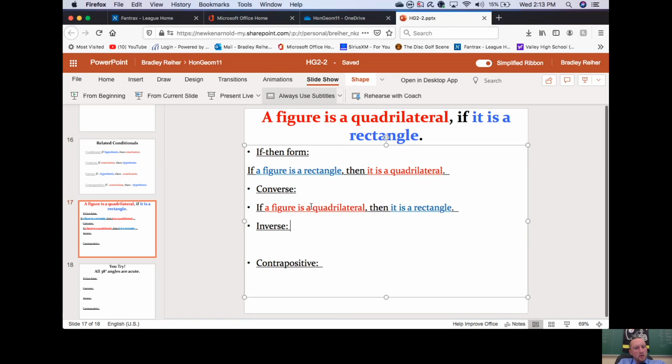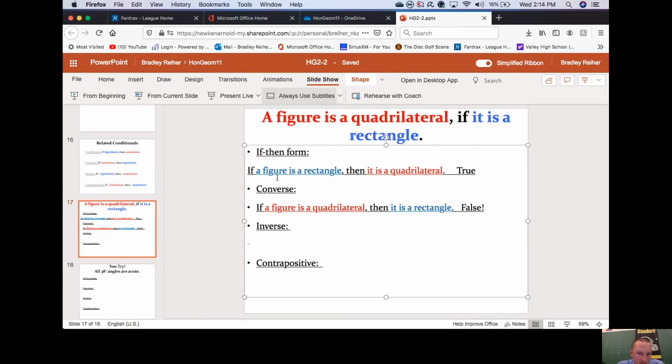Does this have the same meaning as the if-then form? If it's a quadrilateral, is it a rectangle? It doesn't have to be. I can think of a lot of quadrilaterals that aren't rectangles, like parallelograms or trapezoids, and so on and so forth. The conditional does not have to mean the same thing as the converse.